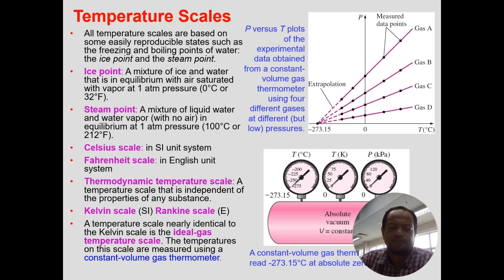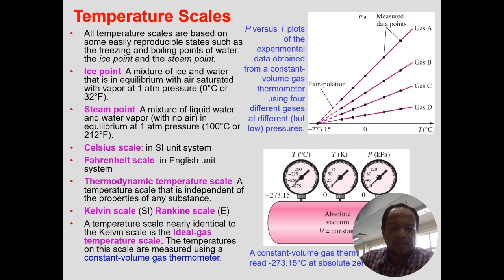The Kelvin scale is the SI scale, and there is another scale called the Rankine scale, which is an English scale. A temperature scale nearly identical to the Kelvin scale we call the ideal gas temperature scale.